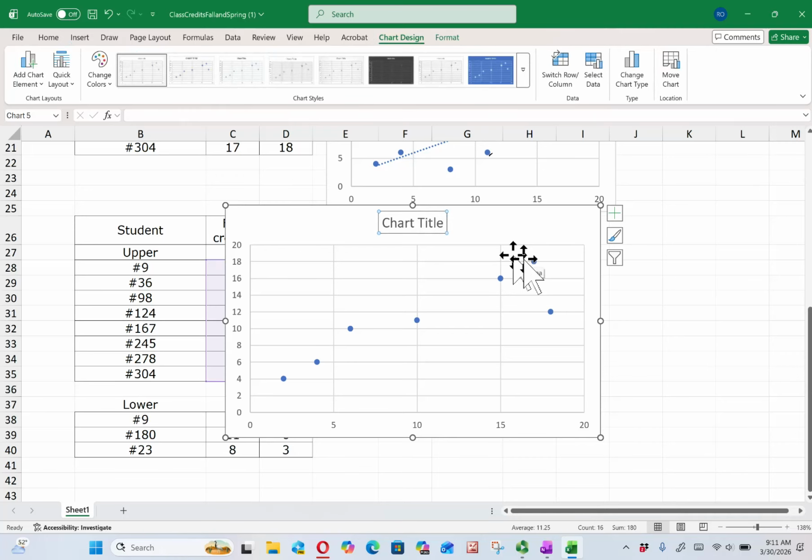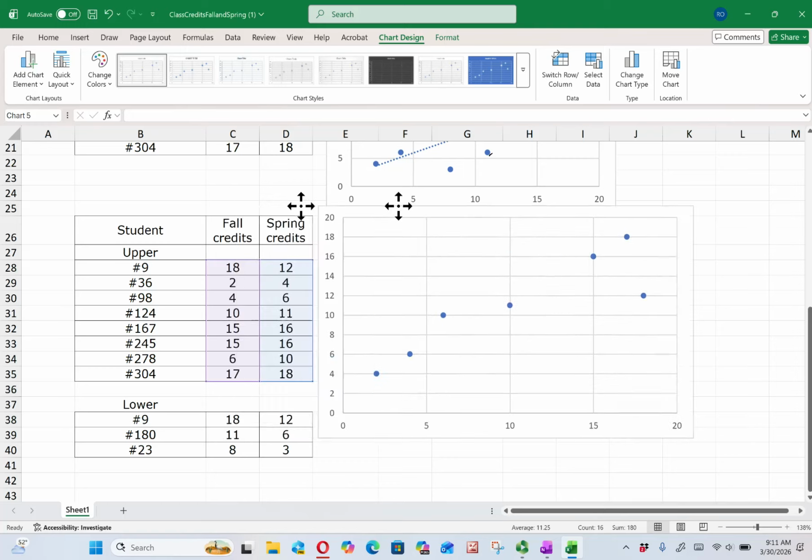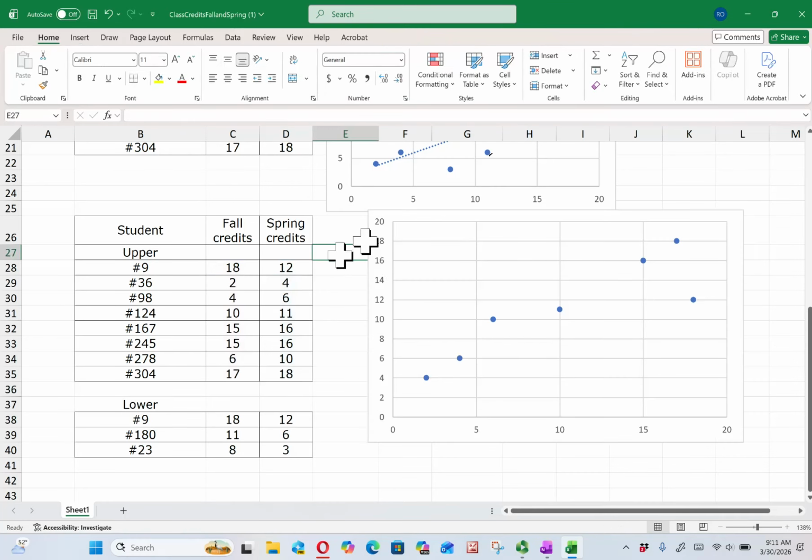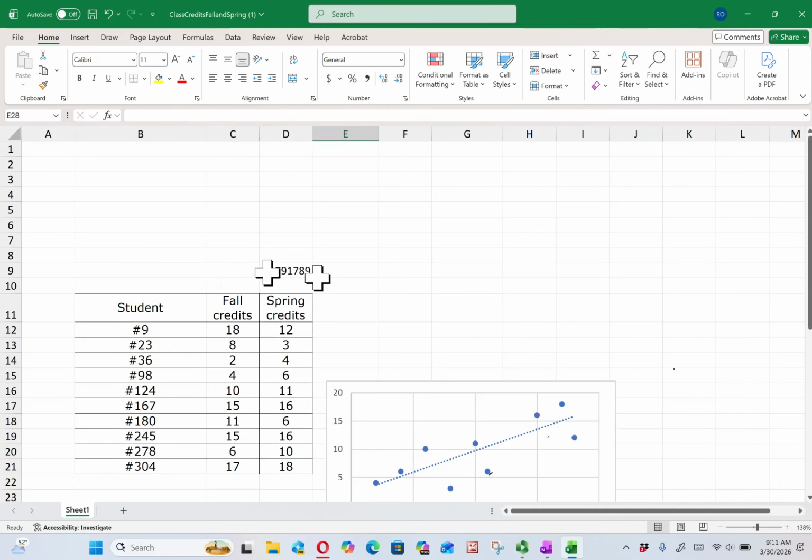And if I look at that group and get the correlation coefficient for that upper group, the correlation there is 0.89, 0.90, which is higher than it was for all groups together.